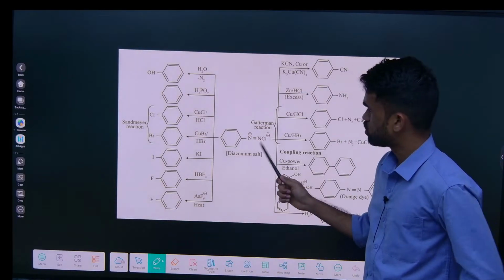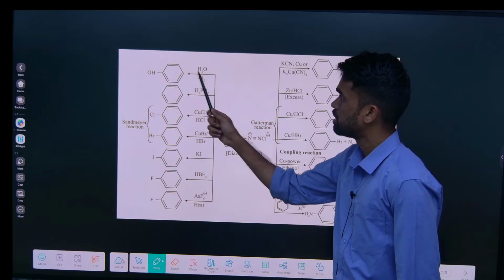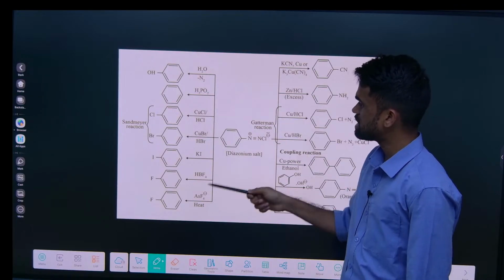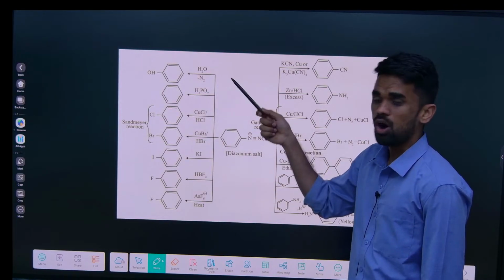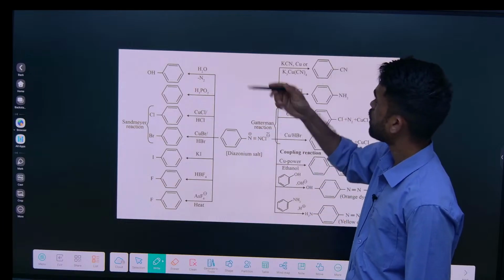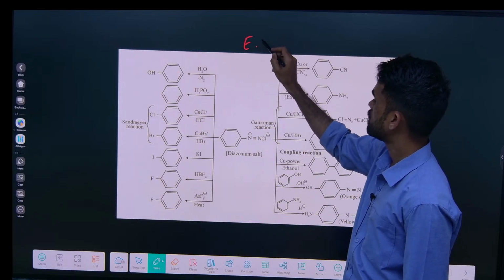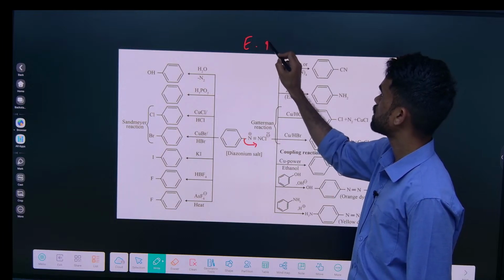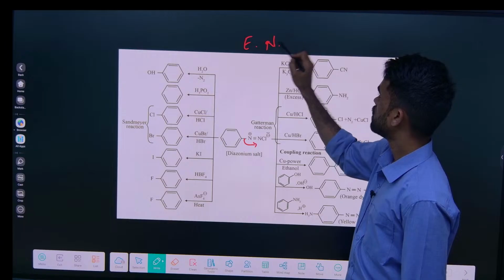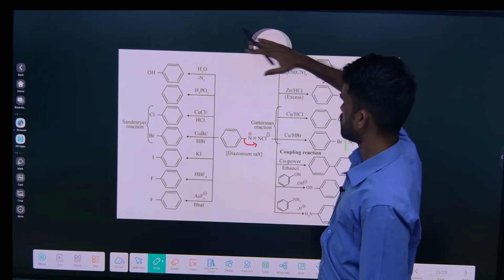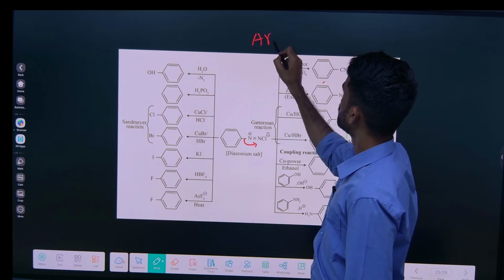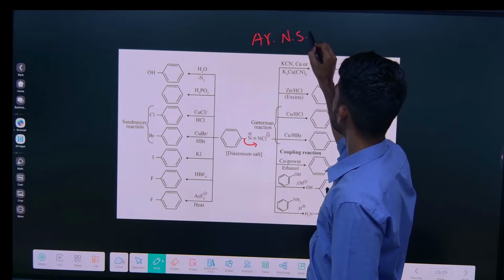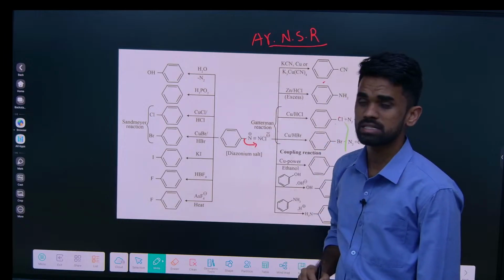If you add water to the diazonium chloride, you are going to get phenol by elimination of N2 gas. All the reactions we are discussing now follow nucleophilic aromatic substitution.